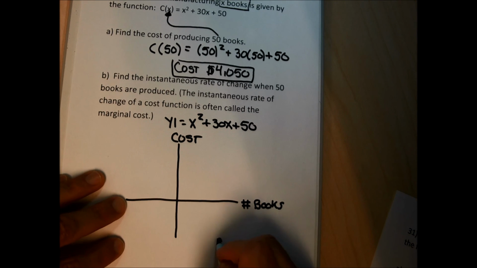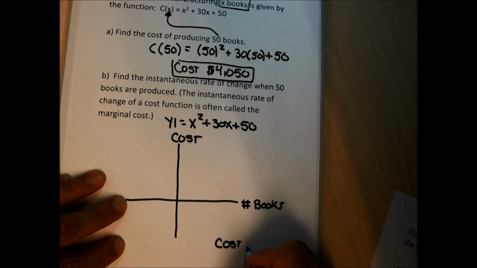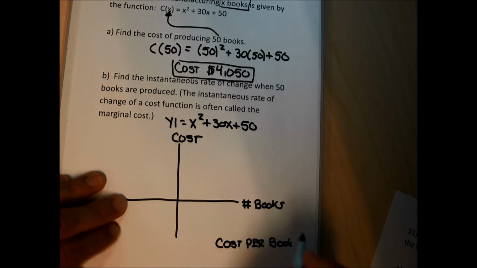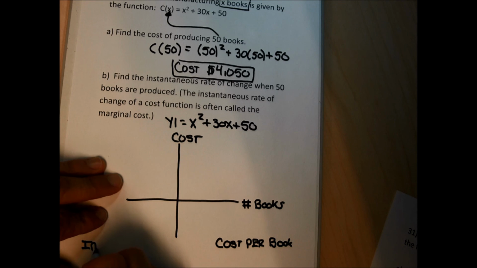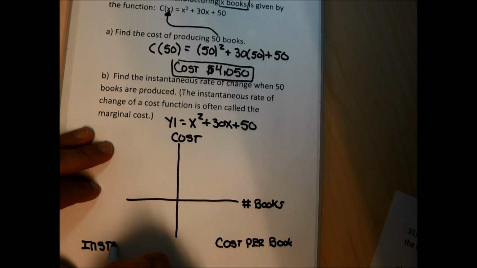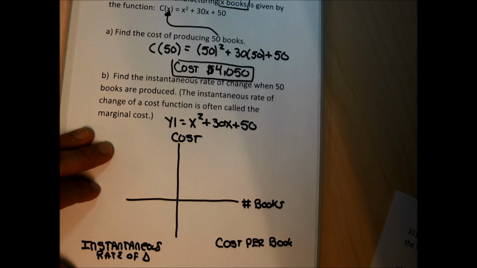So it's going to be the cost per book. So what the instantaneous rate of change of this function is measuring is the cost per book.